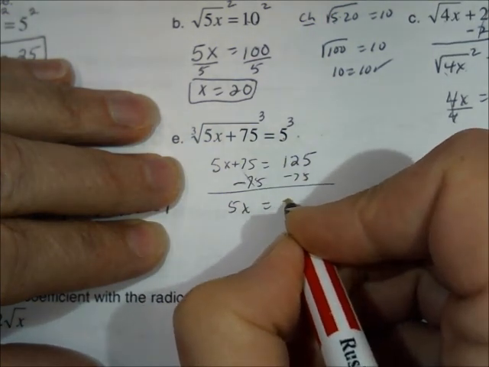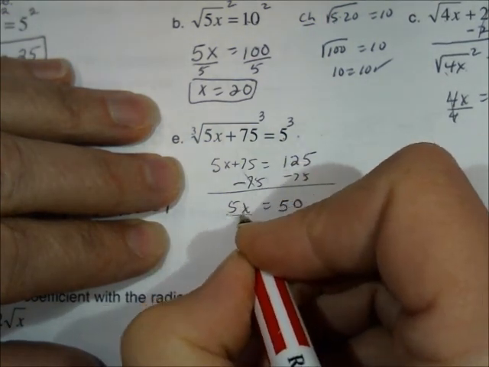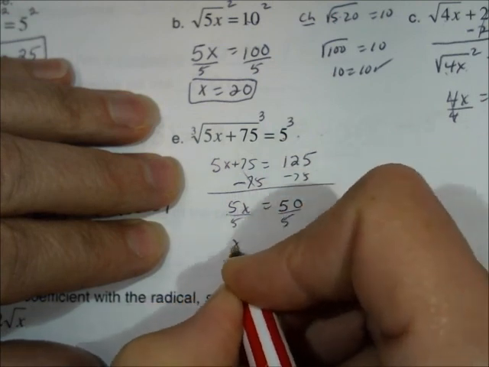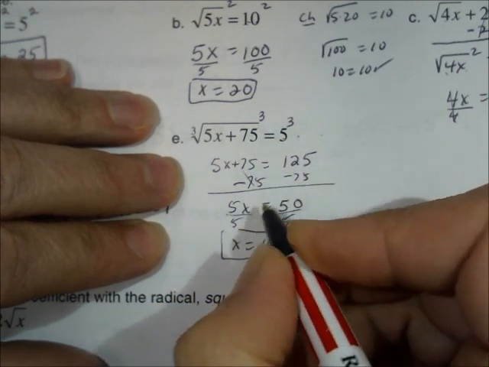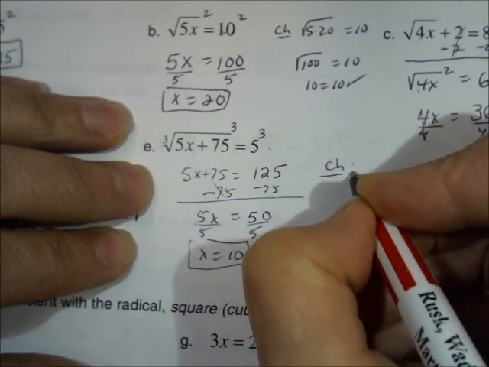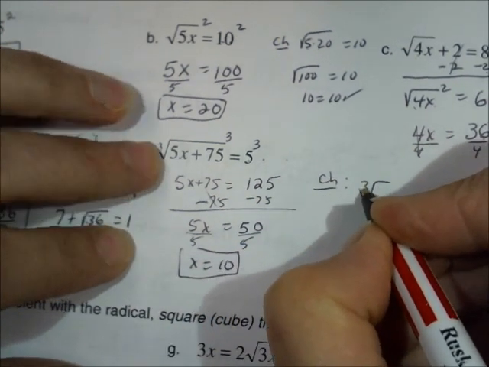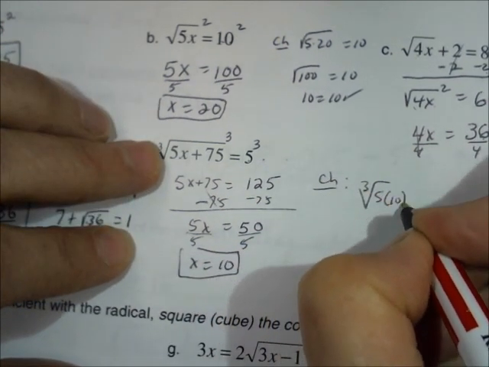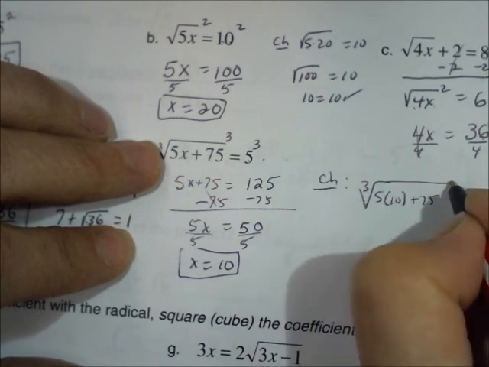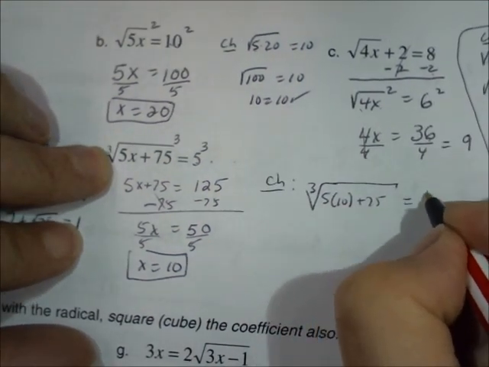That looks like it's 50. And divide both sides by 5 and you get x equals 10. So now when you check this, does the cubed root of 5 times 10 plus 75, does that cubed root equal 5?